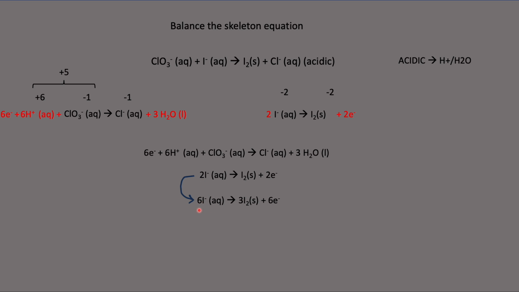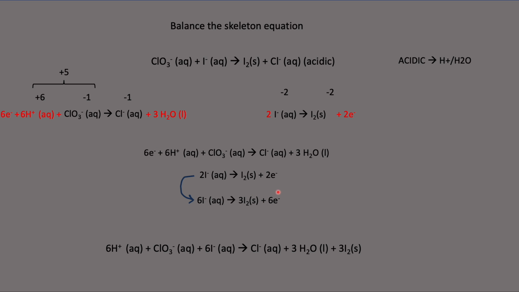So 2 times 3 becomes 6. An invisible 1 here times 3 is 3, and 2 times 3 is 6. So now we have equal electrons on both half reactions. This is our new half reaction. So we're going to cross those out and combine the half reactions together.